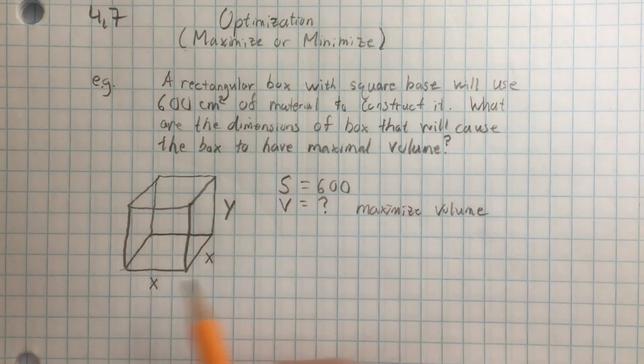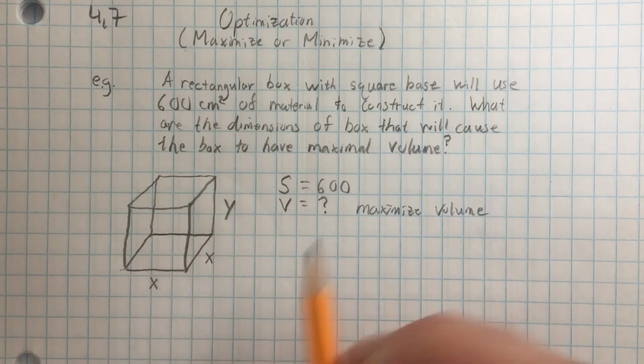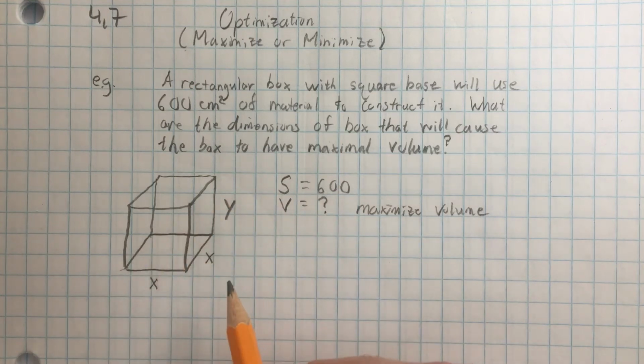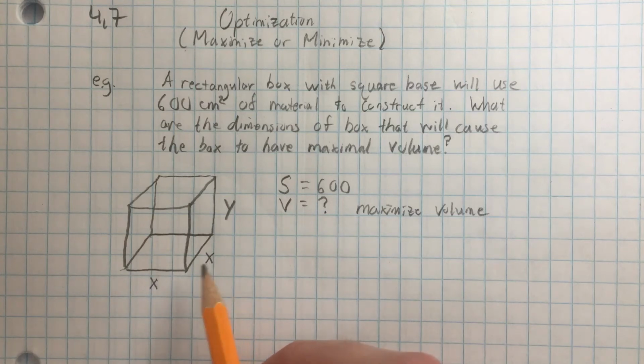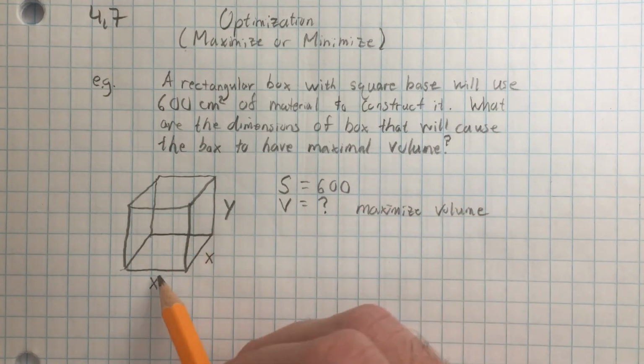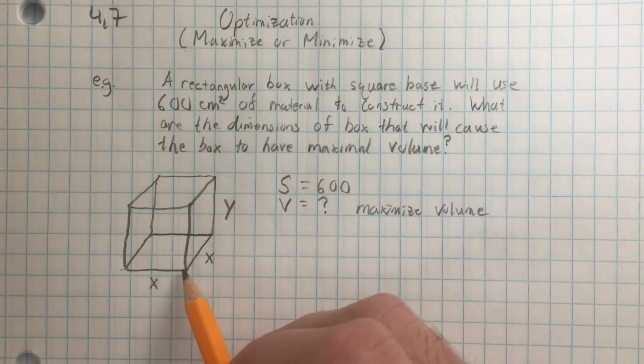As you change the dimensions of the box, you can change them in such a way that you will always maintain 600 centimeters squared covering it, in a sense, or constructing it. Simultaneously, the volume would change depending on the values you would select. So, in other words, you could create a box with a very narrow base.